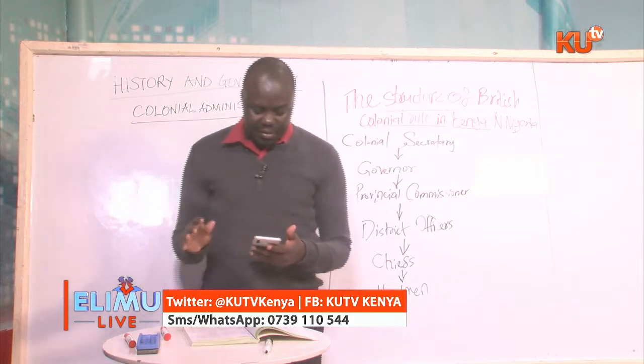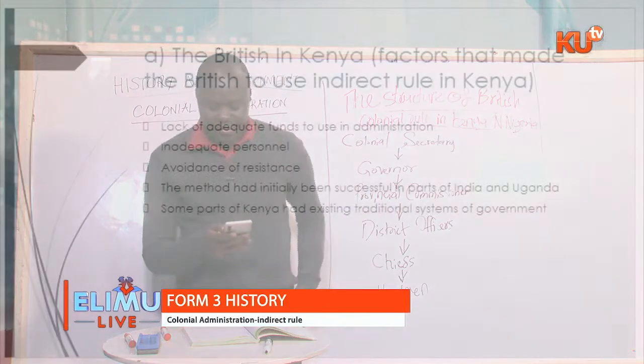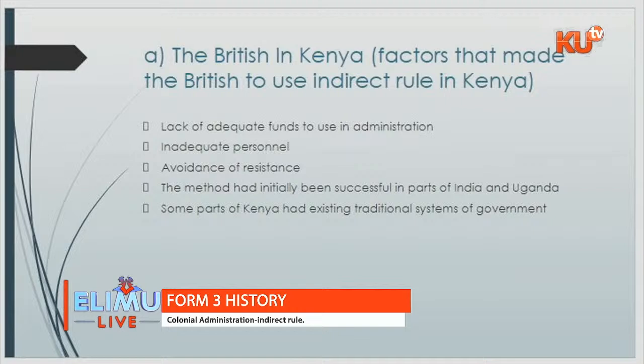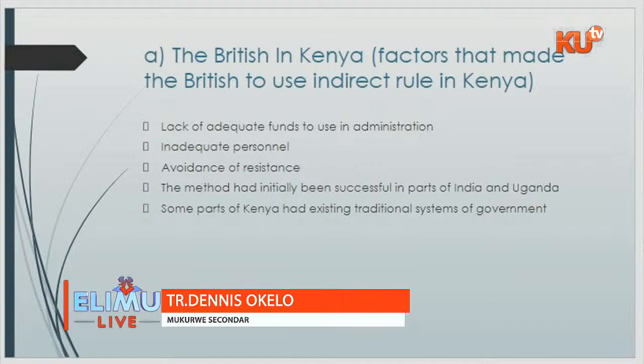Now, these factors, I'll explain them one by one. Number 1, lack of adequate funds to use in administration. Now, what happened? When the IBEAC or the company rule was introduced in the colonial government, this company did not have adequate funds to pay everybody.